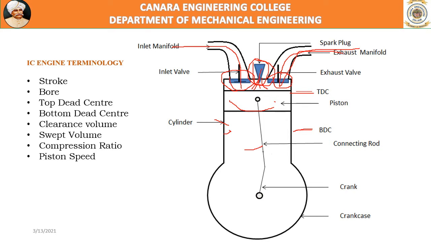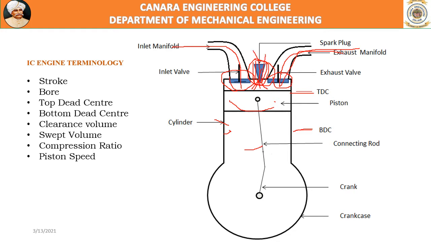In case of a diesel engine, only air is drawn into the cylinder through the inlet manifold during the suction stroke. Then that air is compressed to high temperature and pressure. At the end of the compression stroke, a fuel injector injects the diesel at high pressure.